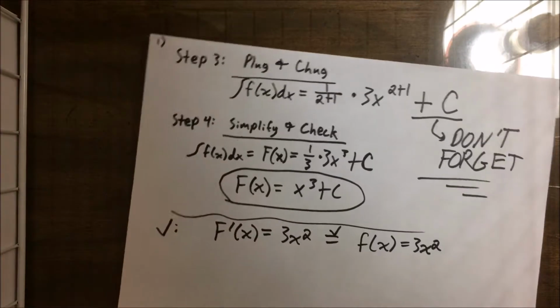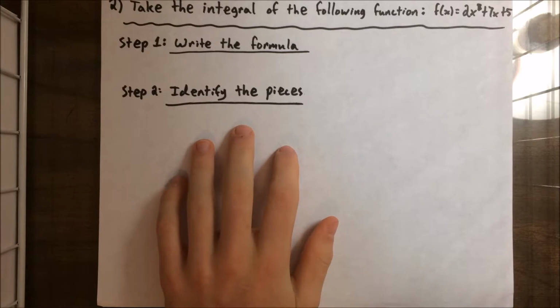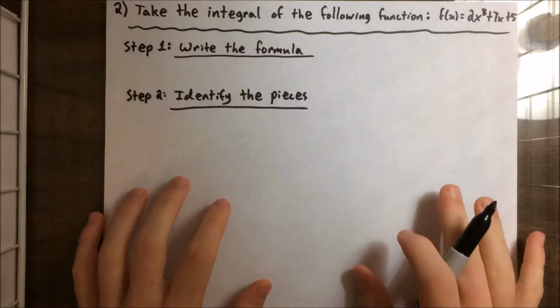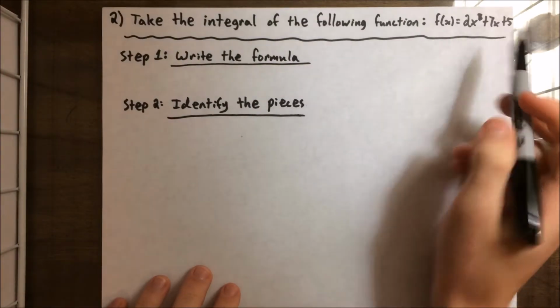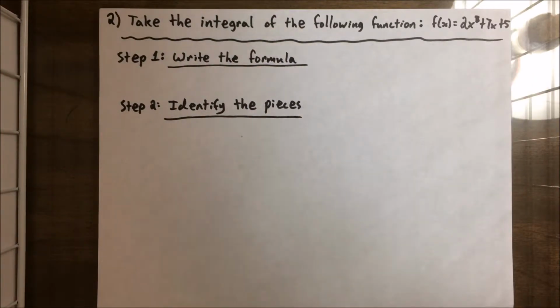Okay, so let's go ahead and do another example. In this example, we are going to again take the integral of this function. So this one's a little more difficult because it has more than one of the variable. It doesn't have multiple variables.